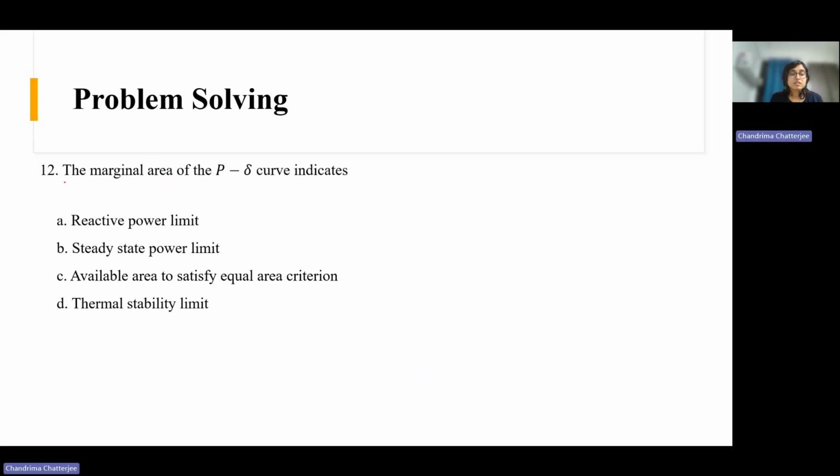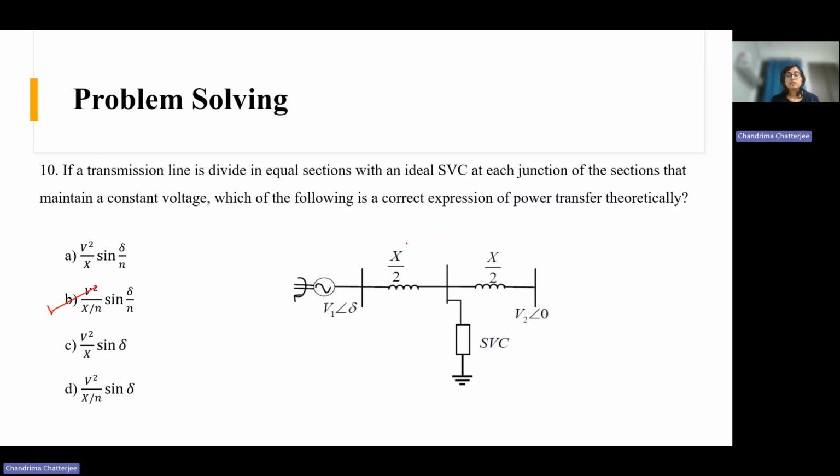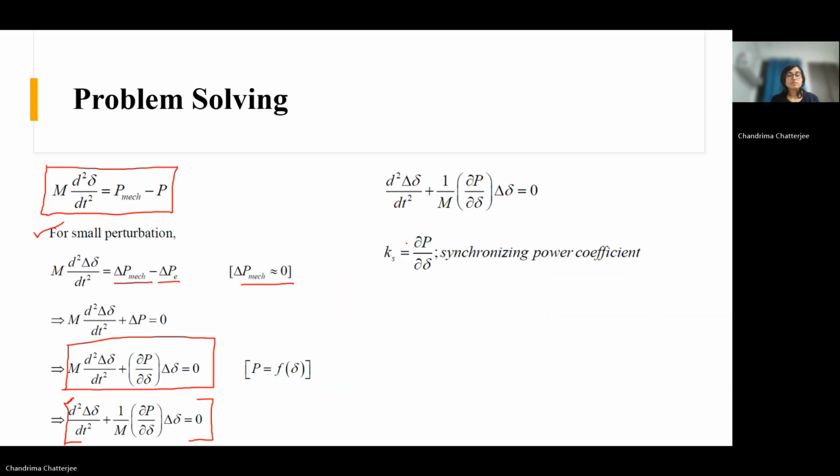The next question: the marginal area of the P-delta curve indicates what? The marginal area indicates the available area to satisfy the equal area criteria. Because there is accelerating area, there is decelerating area, and the marginal area is the area available to satisfy the equal area criteria.